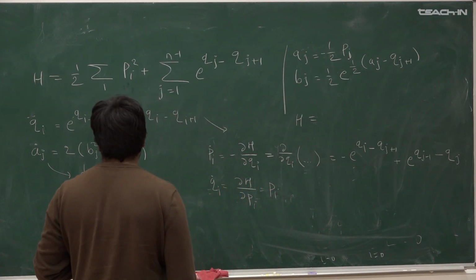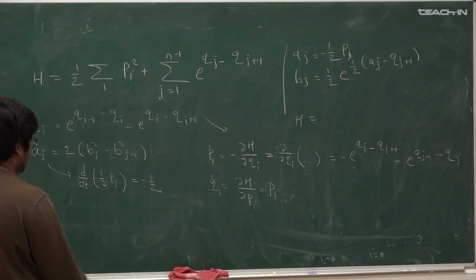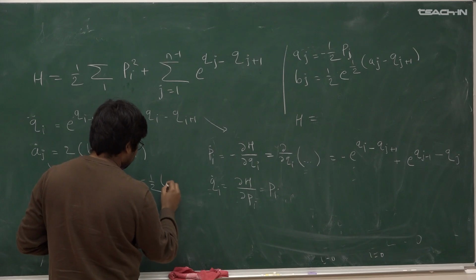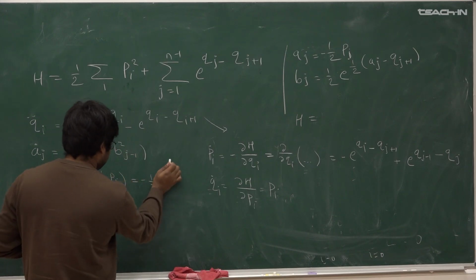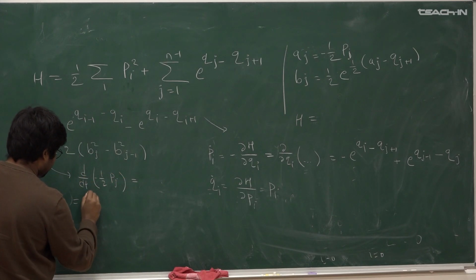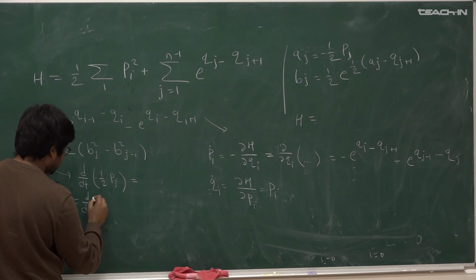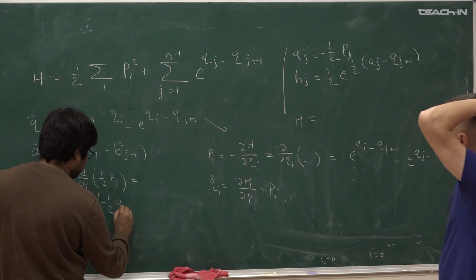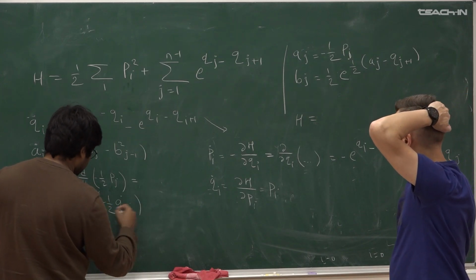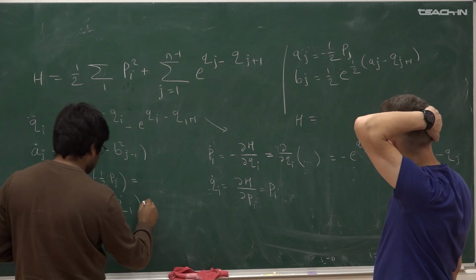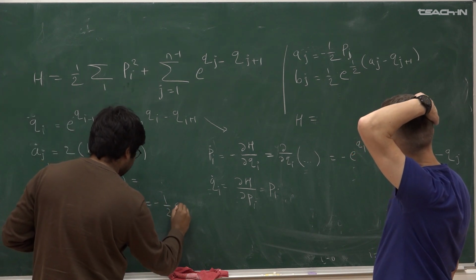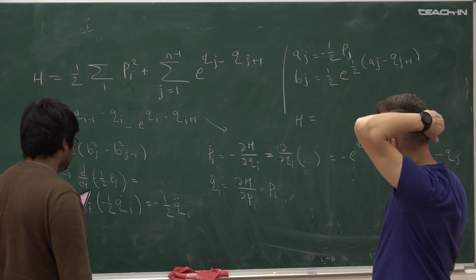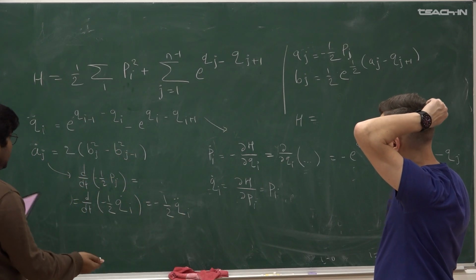So pi here is this qi, minus half qi. So it will be like q double dot. So we got our A.